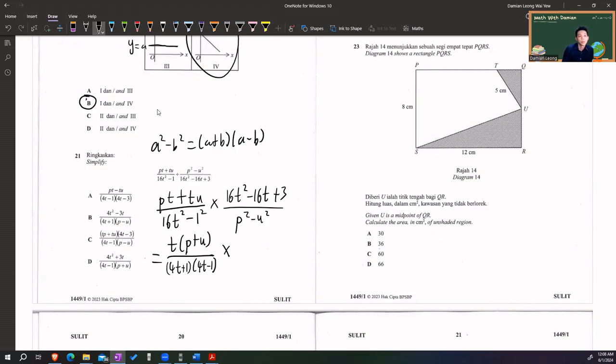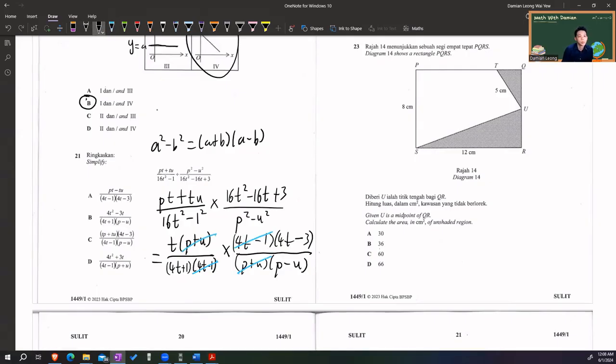You can use calculator also. P square minus U square, also use the same formula. P plus U, P minus U. And I cut. So you can see 4t minus 1, 4t minus 1, P plus U, P plus U.